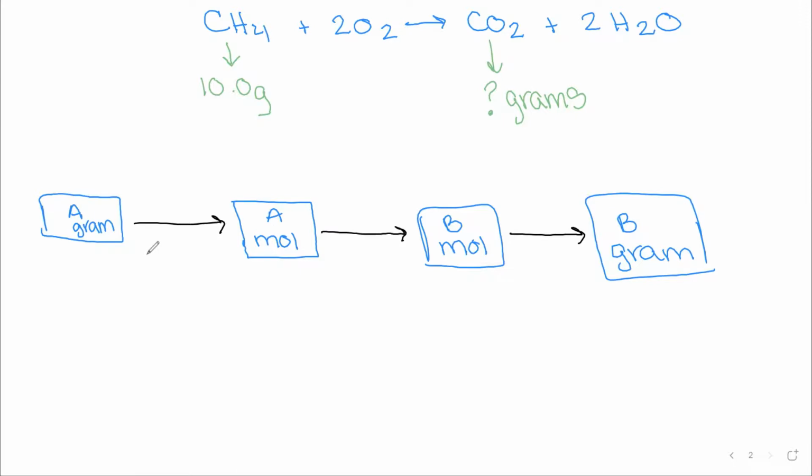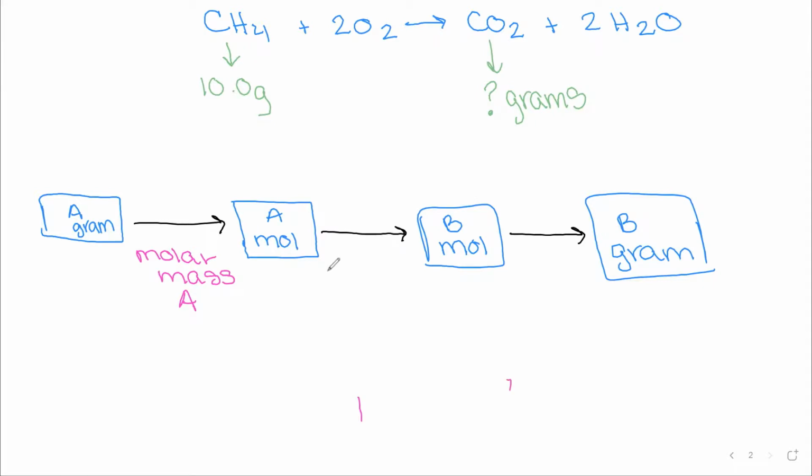So I'm going to use my molar mass of methane, or of A, excuse me. Let me go ahead and put A since we're talking about A here. So it's going to be the molar mass of A. So we need to figure out our molar mass, and that's going to allow us to convert between grams and moles. Then what we need to do is we need to convert between moles of A and moles of B.